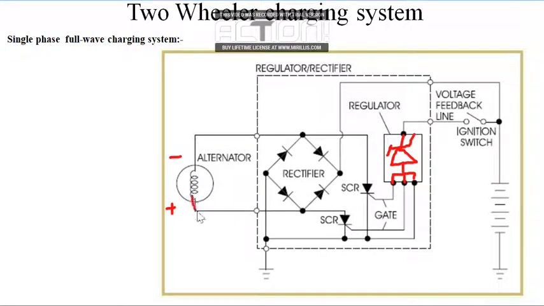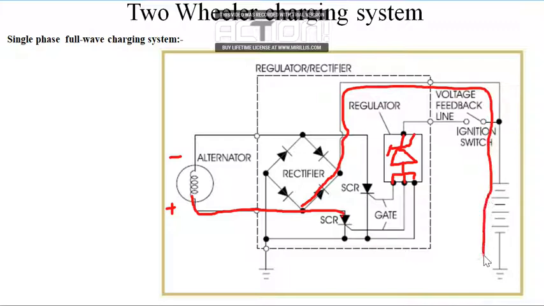Current is supposed to flow in this way through the SCR also, but it will not pass through the SCR till the third leg of the SCR is triggered, so it will be stuck over here. Okay, current flows this way and crosses the load, reaches here.